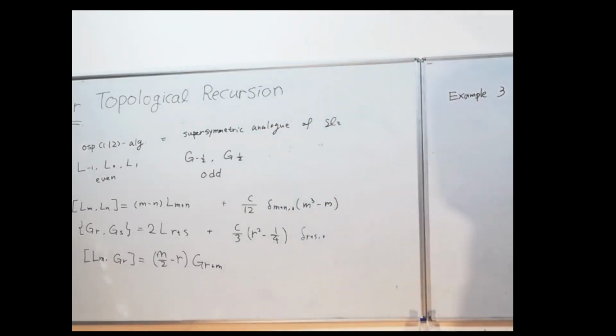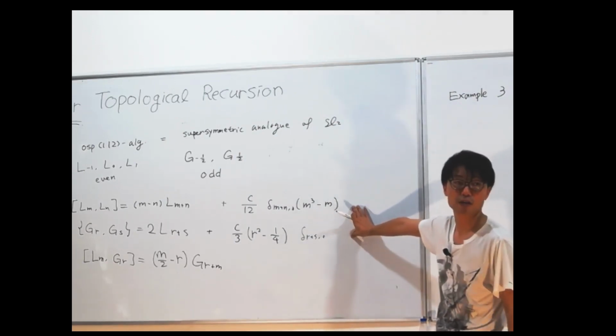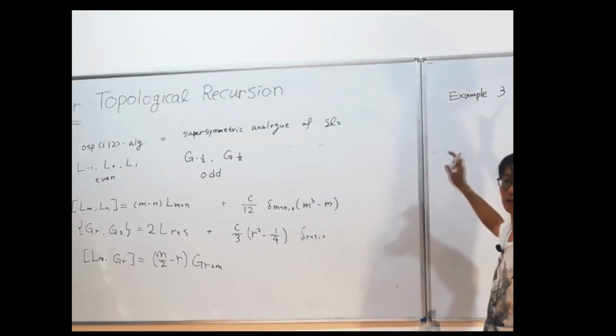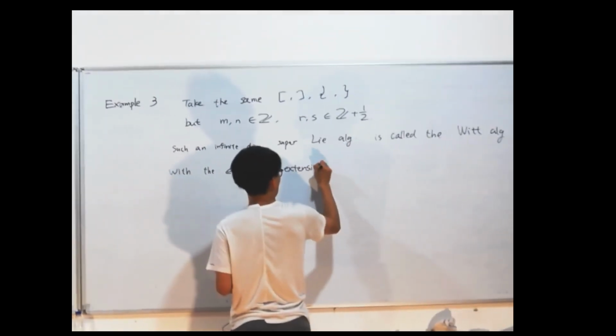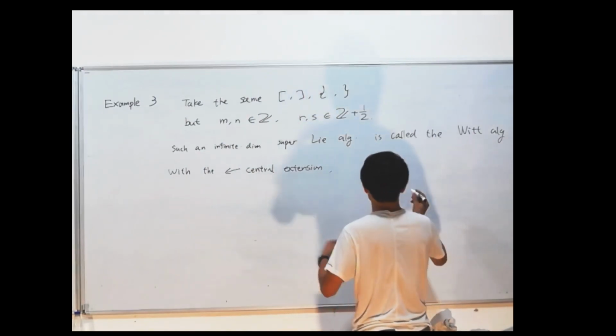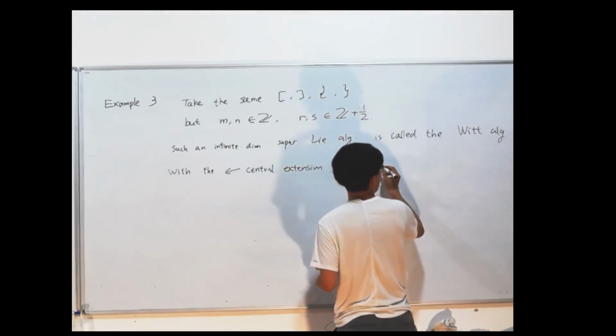All right. Once you centrally extend in this specific way, then such a superalgebra is called the super-Virasoro algebra. So if you see the word Virasoro or super-Virasoro, it means the generators satisfy this commutation relation, and with the central extension, the resulting superalgebra is called super-Virasoro.